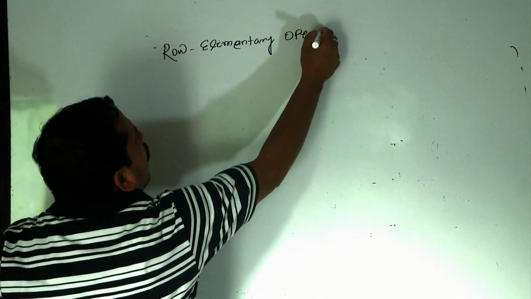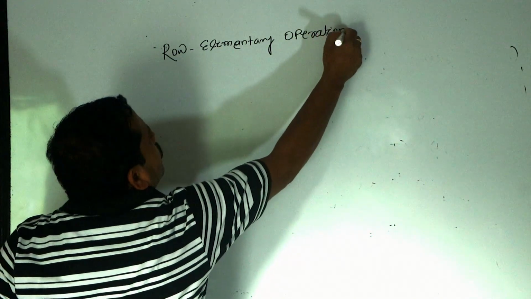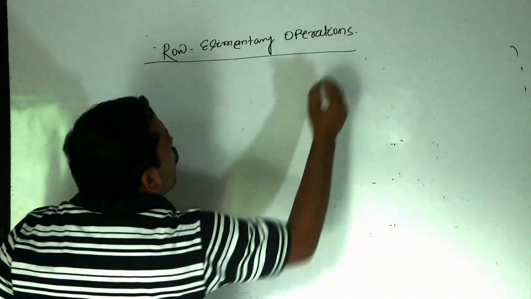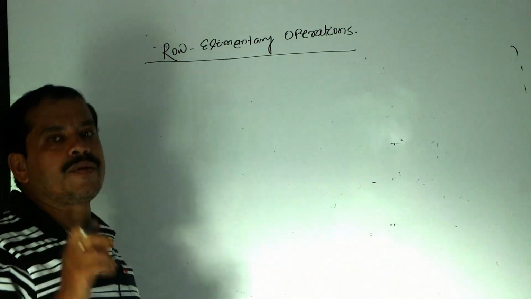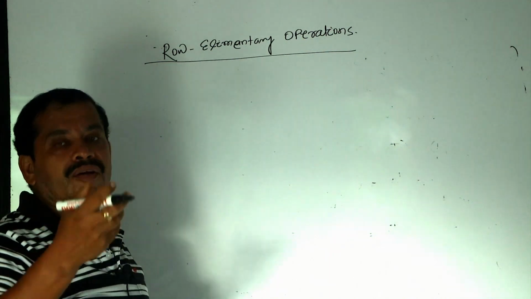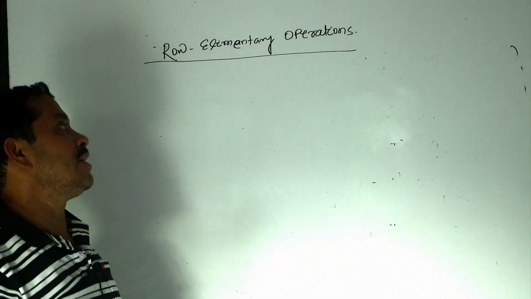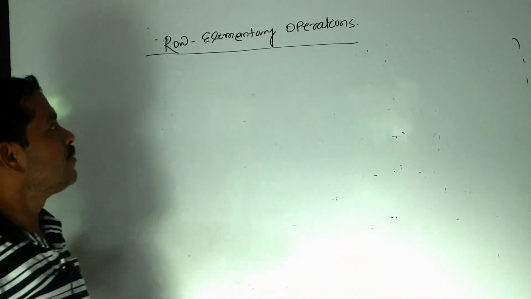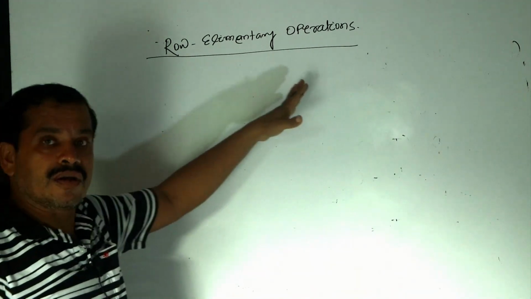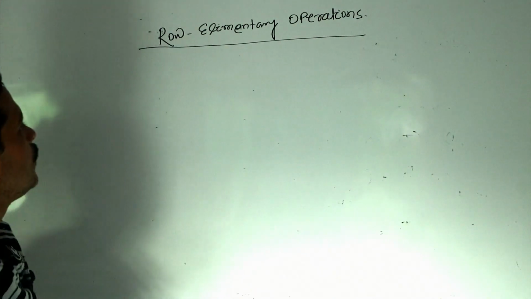By using row elementary operation, we can find the inverse of a matrix and convert a matrix to a unit matrix, and one question will surely come for your council examinations.